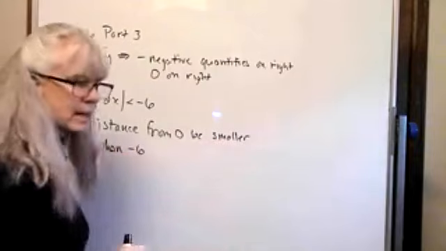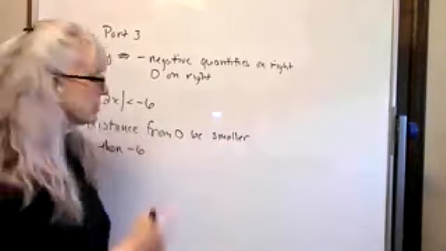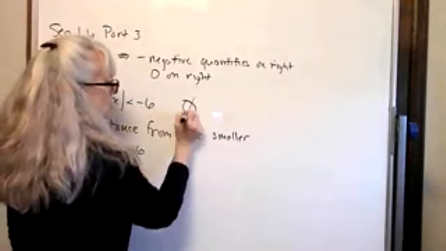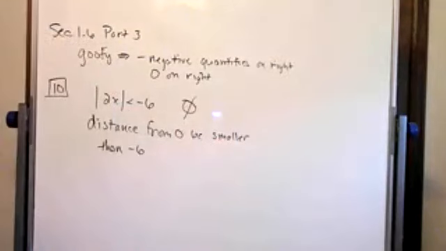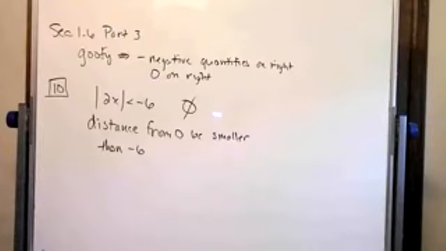Smaller than a -6 is a number that's to the left of it. You can't be a distance that's negative. So this one, because of that negative on the right side and the less than, is a no solution. This one can't be solved. There are no numbers that are going to make that statement ever be true. Goofy stuff.